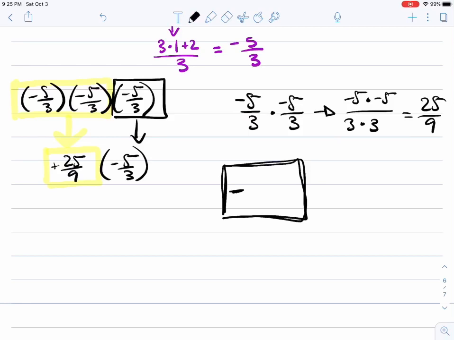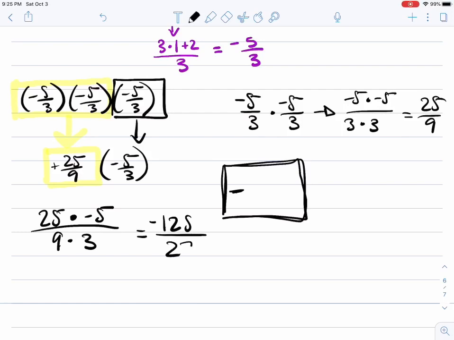Okay, so this multiplication problem ends up being 25 times -5 on top, 9 times 3 on the bottom. That is, let's see, I think that's -125 over 27.